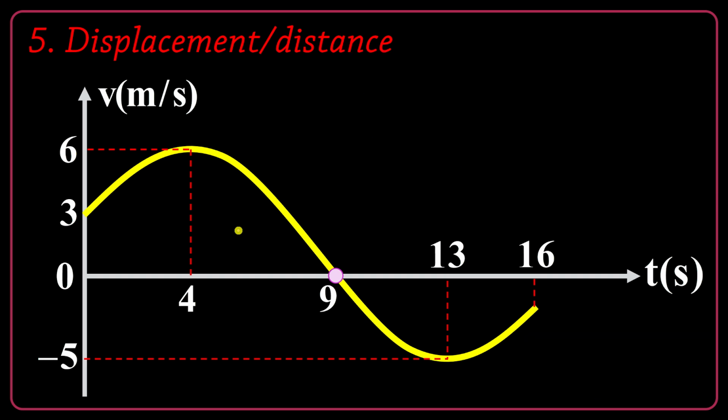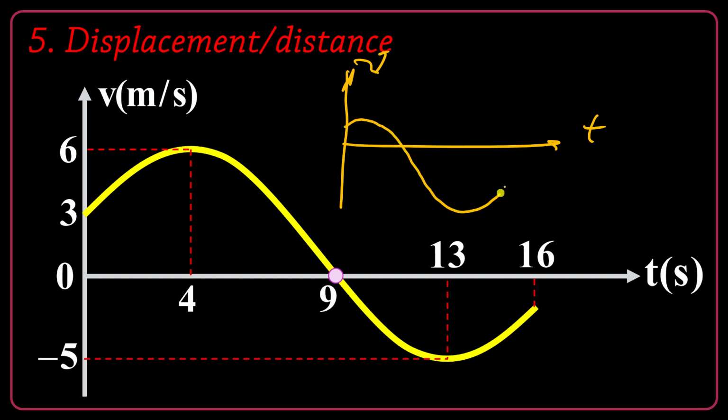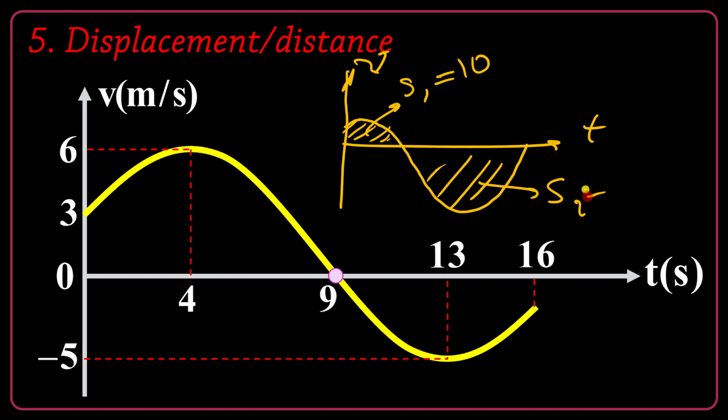You may have a question. Is it possible to have a negative displacement? For instance, let's say the VT graph is like this. Actually, the area above the t-axis is small and below the t-axis is large. Yeah, why not? Here, let's say S1 is 10. And let's say here S2 has a value of 30.